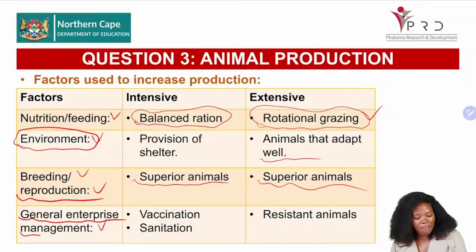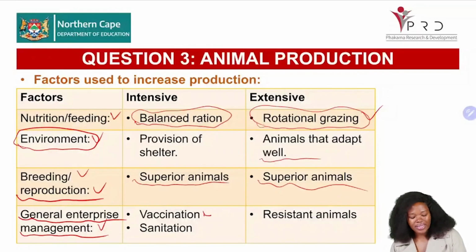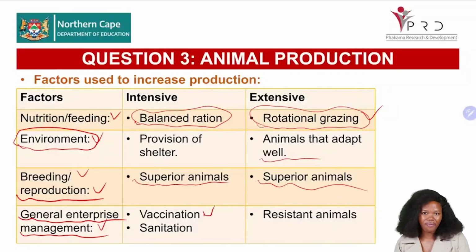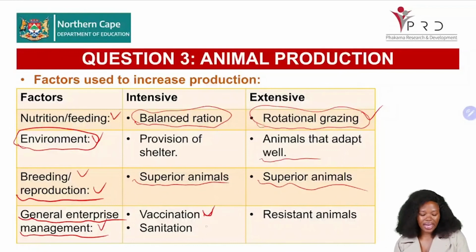General enterprise management as a factor. It includes taking care of animal health, where we apply sanitation under intensive, and we also apply vaccination. Sanitation includes disinfection. Shelters where animals are living must be dry, clean, and disinfected.